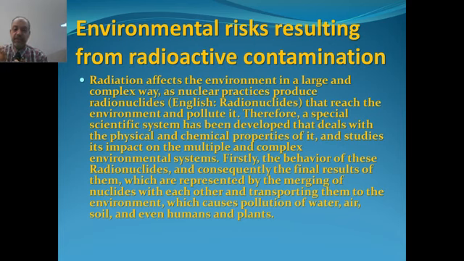They must be transported safely from place to place, otherwise the emission causes pollution of water, air and soils, even humans and plants. These are the five factors affected by radiation. Again, what is the risk resulting from radioactive contamination on nature? Pollution of water, air, soil, humans and plants.